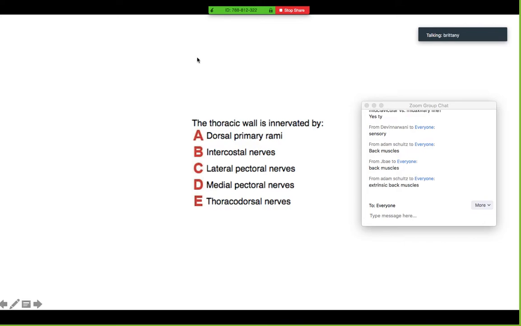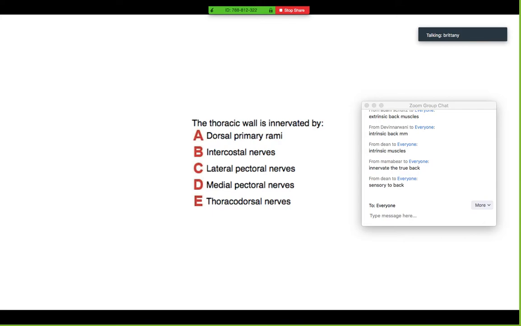So you would agree if I said intrinsic. Intrinsic back muscles. What else? So that's one thing. 2 more. So the skin of the back and then the joints between vertebrae. So those 3 things: intrinsic back muscles, skin of the back, and joints between vertebrae.